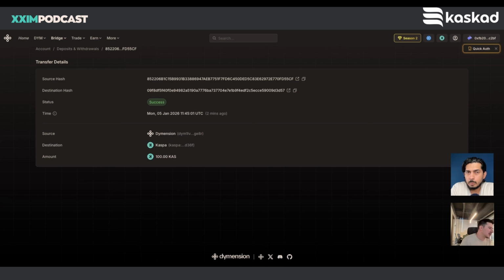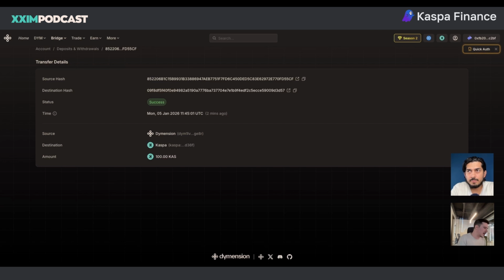Then a relayer monitors this outbox and waits for these kinds of messages. It wants to construct a Kaspa transaction to spend from the escrow address on the Kaspa L1. But the Kaspa network would not accept this message without an M out of N signature from the Dymension validators.